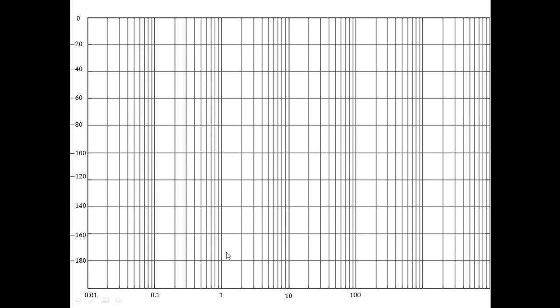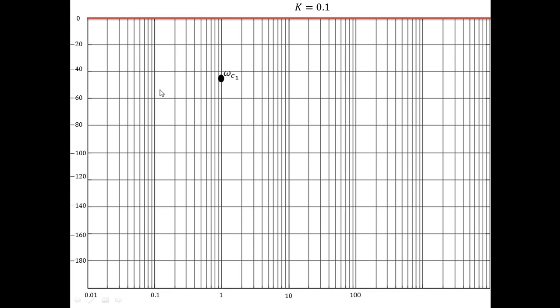So again, if I want to plot these asymptotes on the logarithmic plane, for k equal to 0.1, the phase angle will always be 0. I have the corner frequency omega c1. At omega c1, the angle is minus 45.